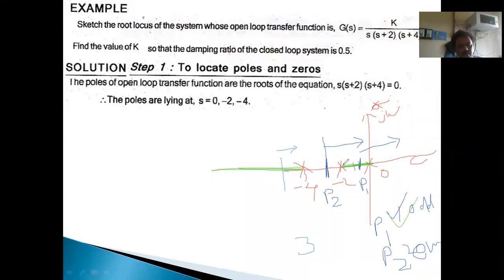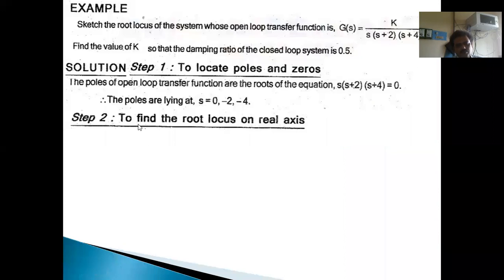If we take one more test point after this pole, that becomes 2 poles, so we can say there is no root locus in between these two points. Again, if we take one more test point on this side, there are 3 poles in total, so the root locus is on the left side of this third pole. Okay, so that is the second step.